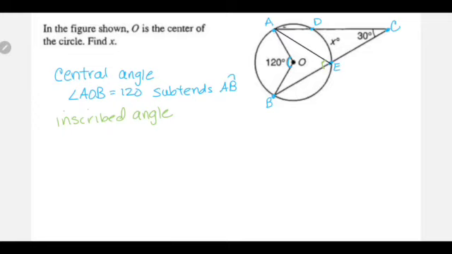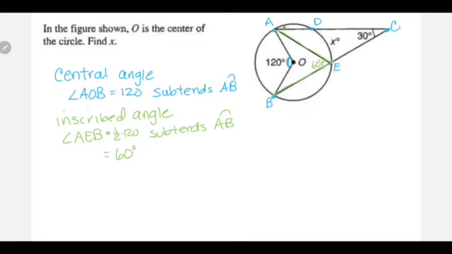If you look at this angle here, angle AEB is an inscribed angle. We know it also subtends arc AB, and by that inscribed angle theorem, we know that it's 1/2 times 120, or we could say that it is 60 degrees. I'm going to go ahead and label that.